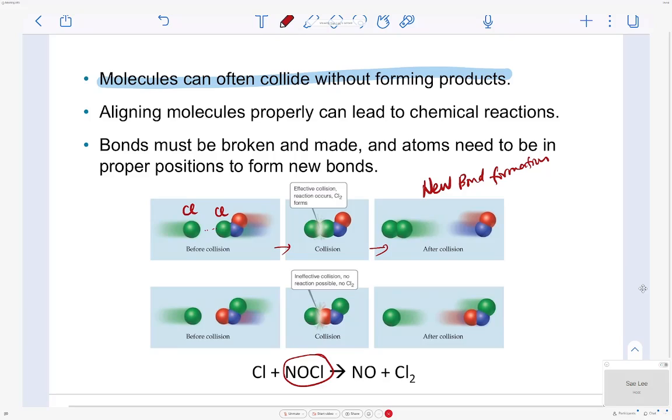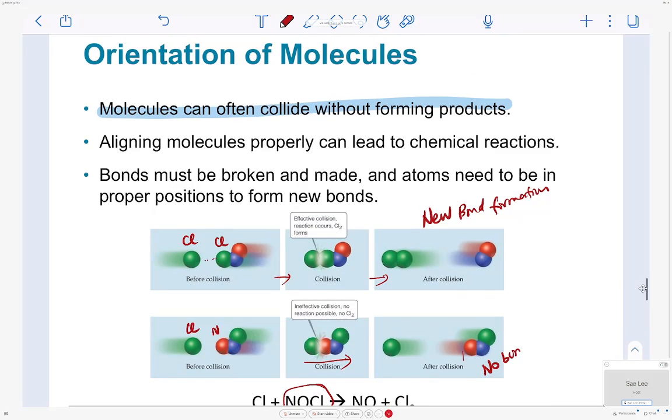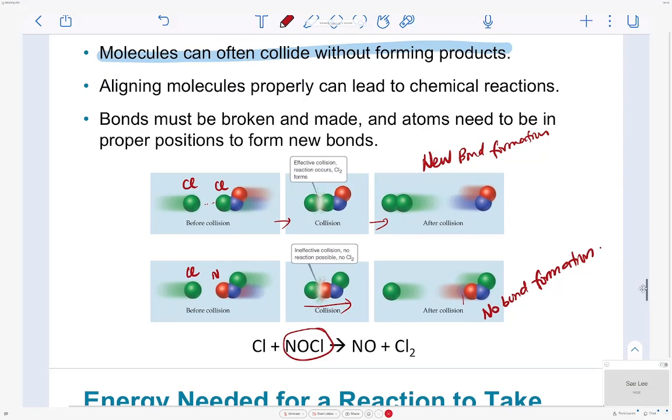However, although there is a collision, if this chlorine bumps into the nitrogen side of this NOCl, then this collision will not create a new bond. So only when atoms are suitably positioned to form new bonds will chemical reactions take place and form the right product.